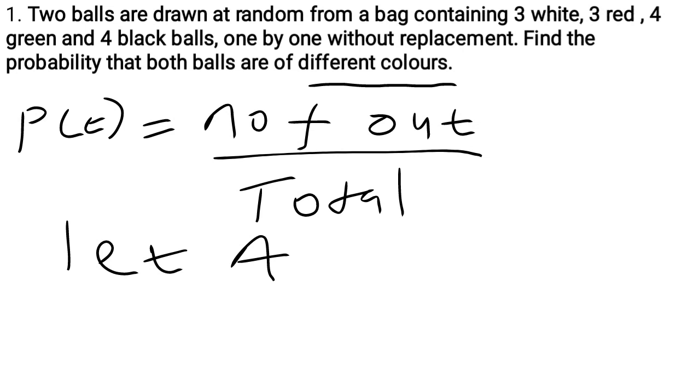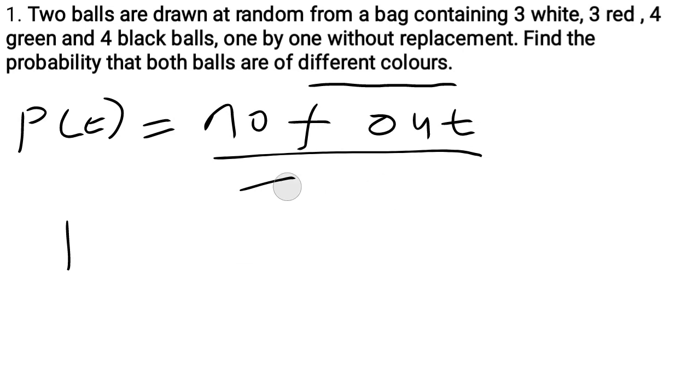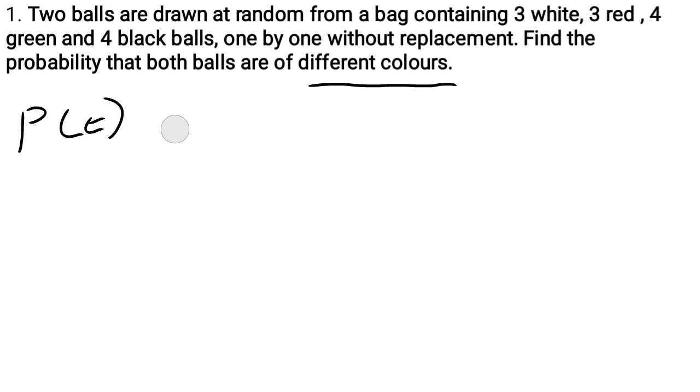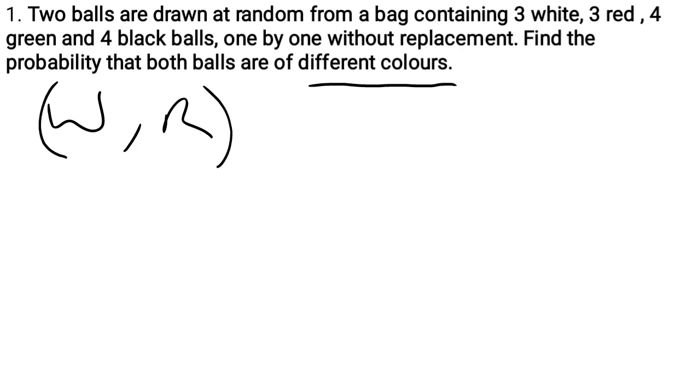So the event of getting 2 balls with different colors means that we are going to have the probability of getting white and red. This is the first thing.